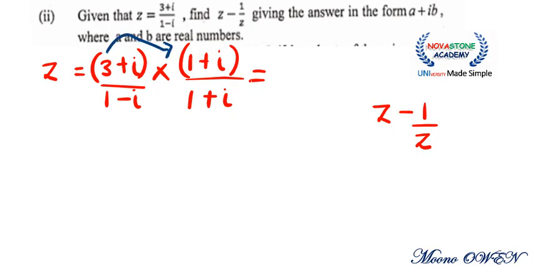The 3 multiplied by the 1 gives a 3, plus the 3 multiplied by the i gives me 3i. Now I come to the i. The i multiplied by 1 will just be i. Then i multiplied by the other i gives i squared, so plus i squared.